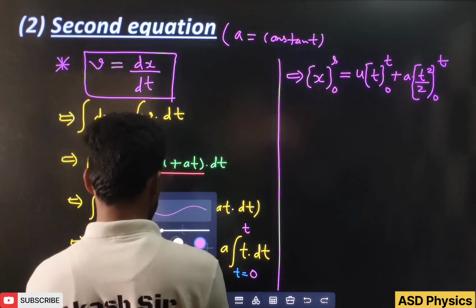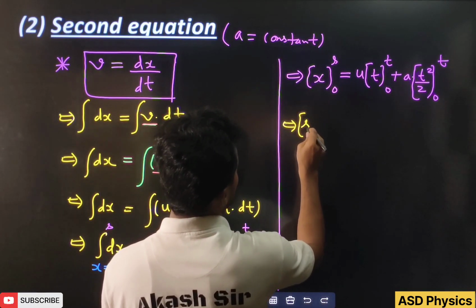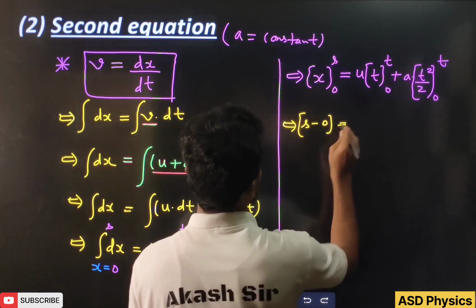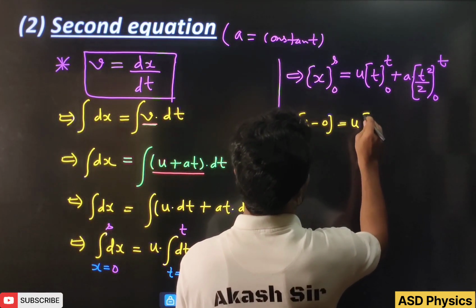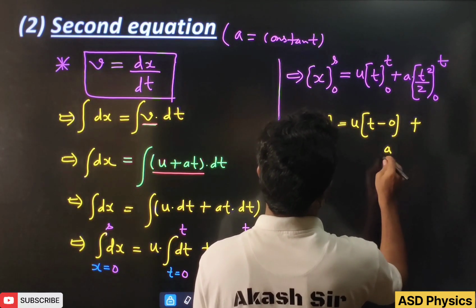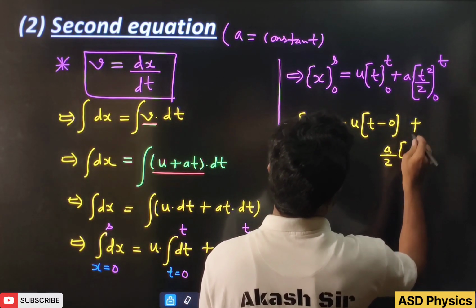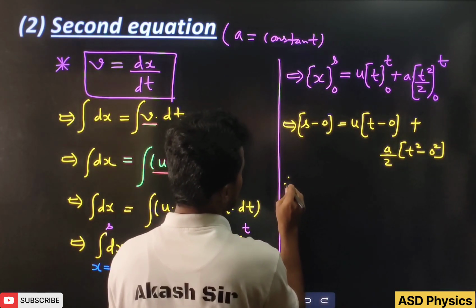After that we will further simplify this. So kindly put the upper limit, x equal to s minus x equal to 0, upper limit minus lower limit. Okay, similarly u here, t minus 0, plus a by 2, again upper limit t square minus 0 square. Now just for your basic understanding we are doing this.